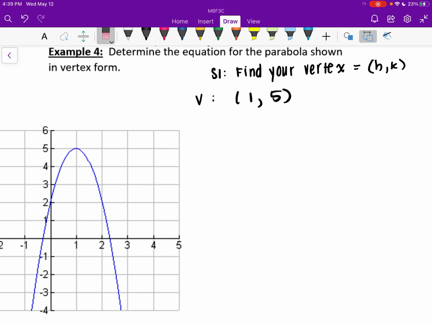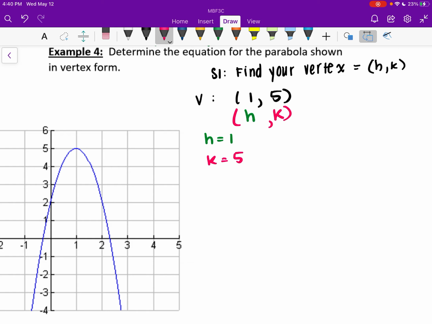You're just going to find the values where they intersect. So I know that h is equal to 1, and k is equal to 5. Easy peasy.